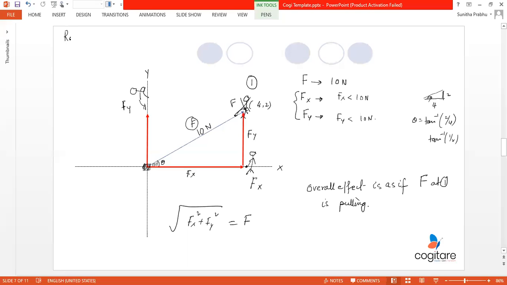What do you mean by resolution? Resolution is a mathematical process. Here I am doing it for a force, but any vector I can resolve like this.